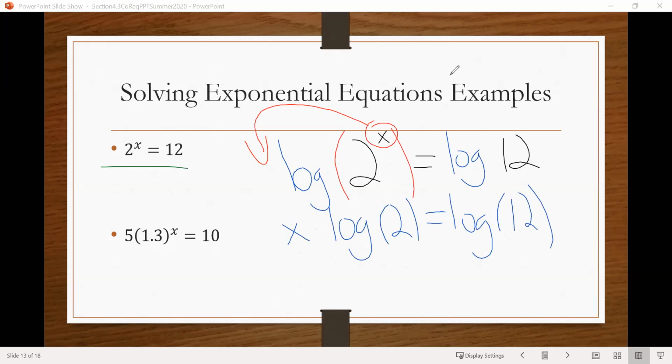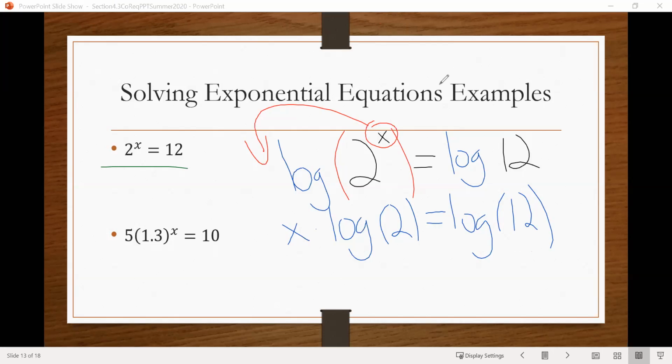I know when we look at this equation now, we see letters and numbers and all kinds of stuff flying around. But recall that log of 12 and log of 2 are things that we can just plug in the calculator and get answers for, so they really just represent numbers. For now, we're not going to plug them in the calculator yet. We're going to leave them like this, and we're going to finish solving for x.